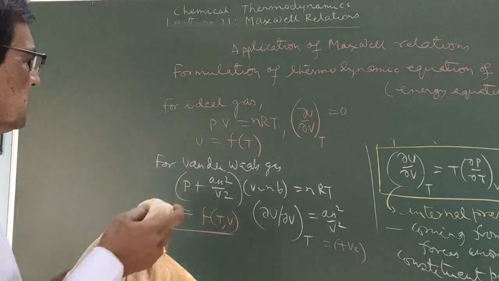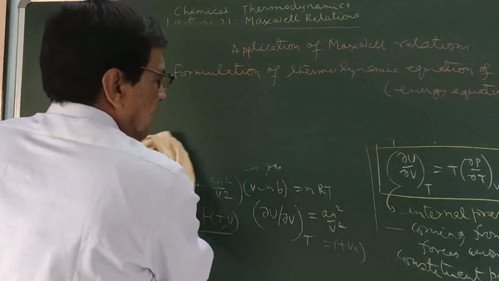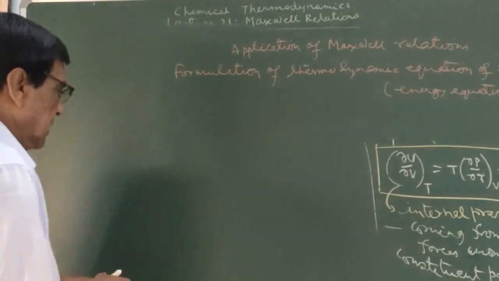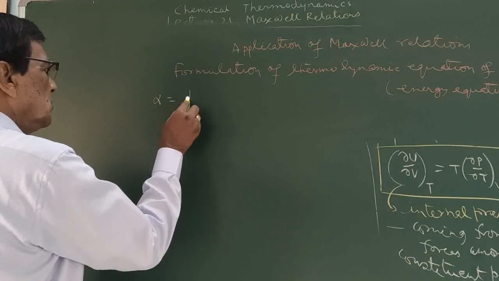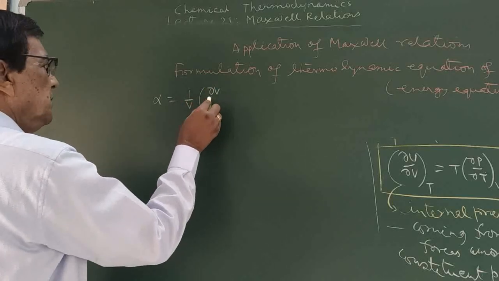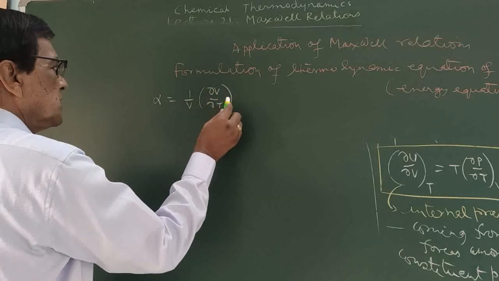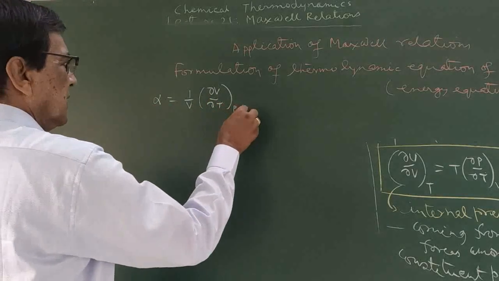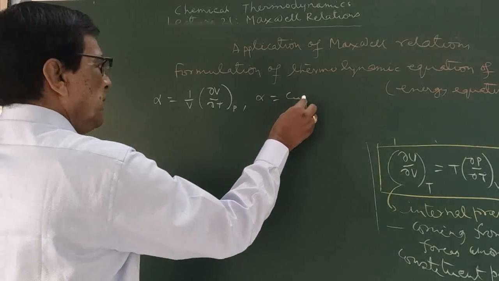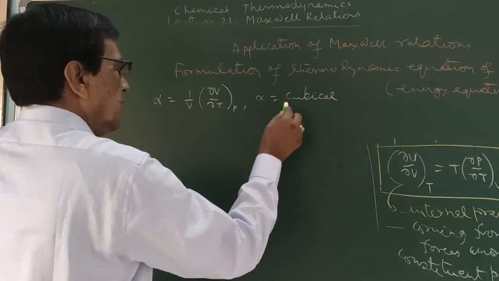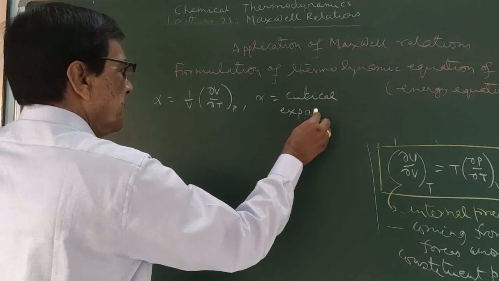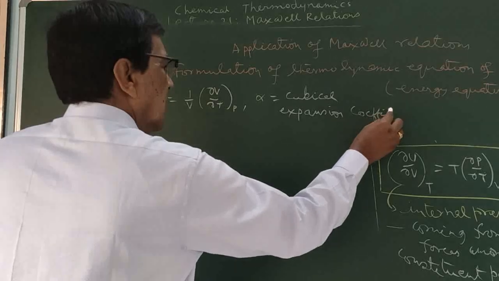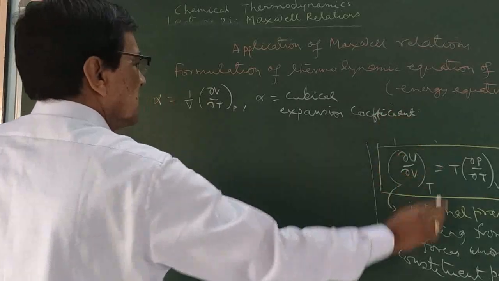So this term I can also express in terms of alpha and beta. Alpha equals 1/V times ∂V/∂T at constant pressure, and it is called the cubical expansion coefficient of the system.